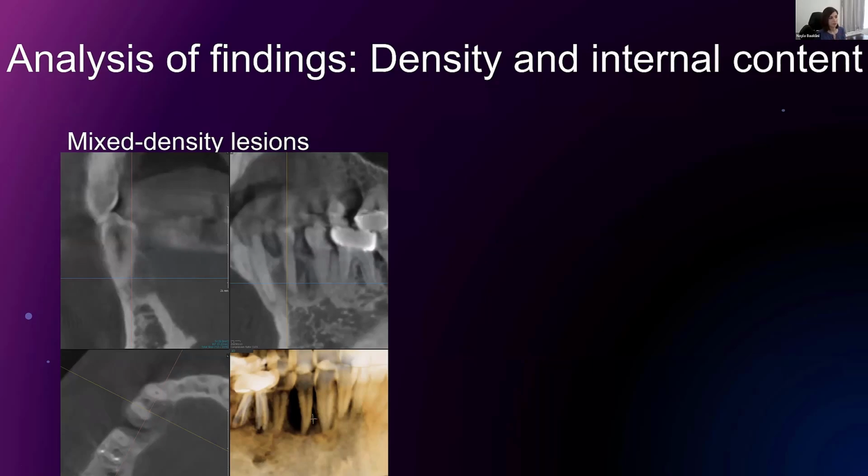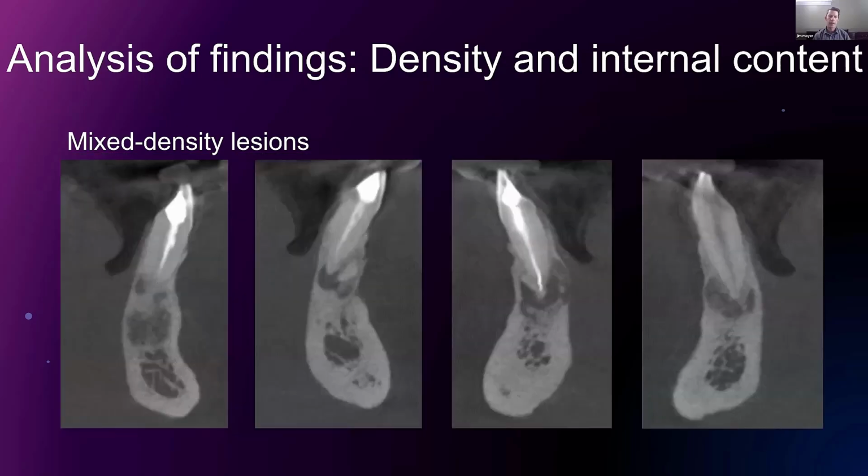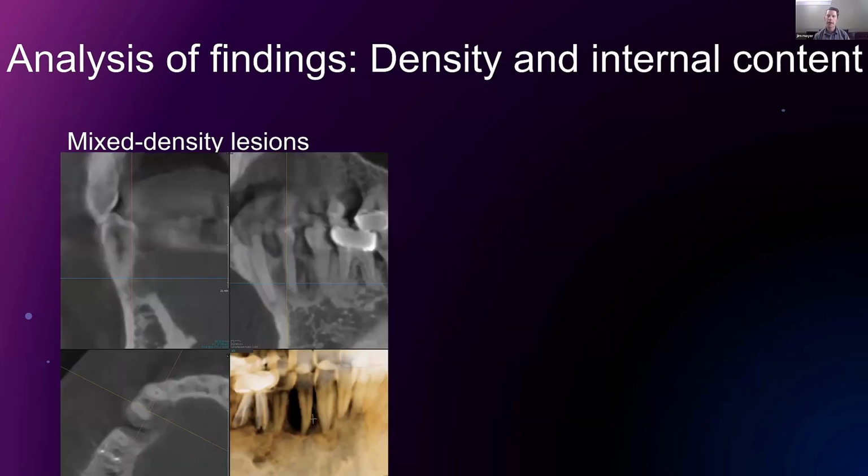And this is an example of also a fibroosseous lesion, which is an ossifying fibroma. Now, an ossifying fibroma can also vary in the internal content. But this is a typical way of growth of the ossifying fibroma. It tends to grow in a more circular manner than fibrous dysplasia. You can even see that rendered on that 3D rendering there on the lower right. Yes, and you can see it here also on the sagittal view.